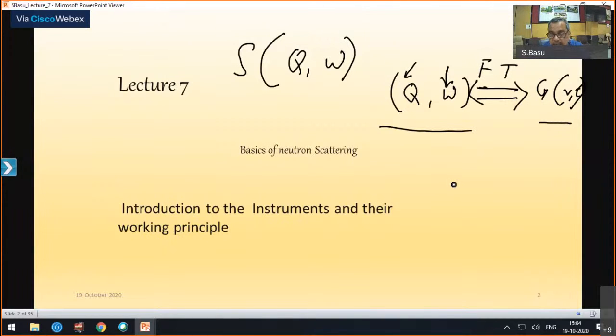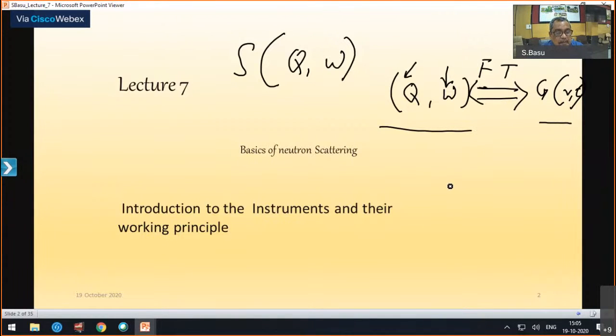On the other hand, in the later part of this series of lectures, I'll come to instruments which work at spallation neutron sources, which are actually pulse sources. So there, the neutrons come in pulses of neutrons.